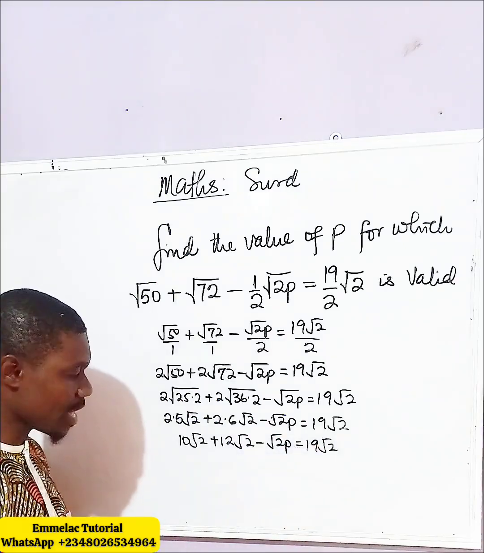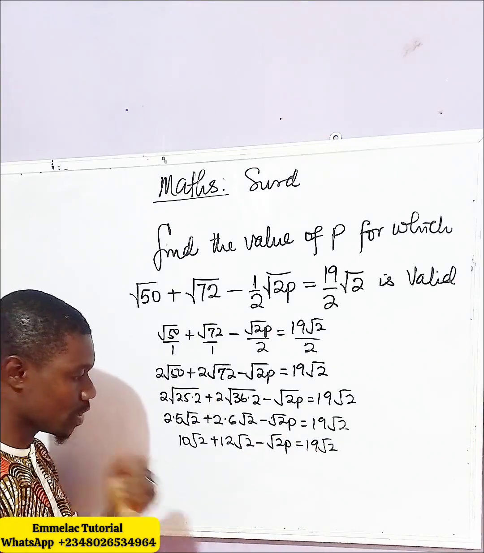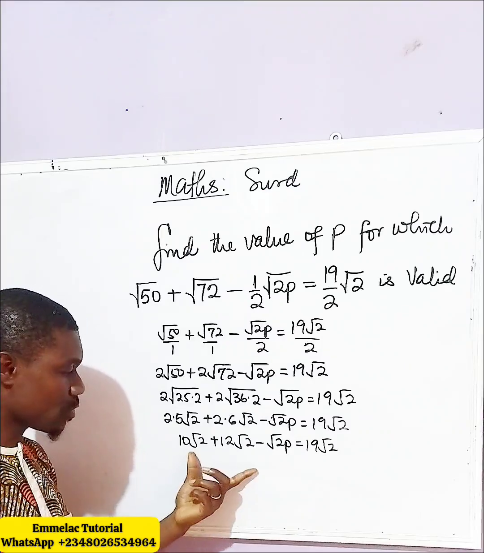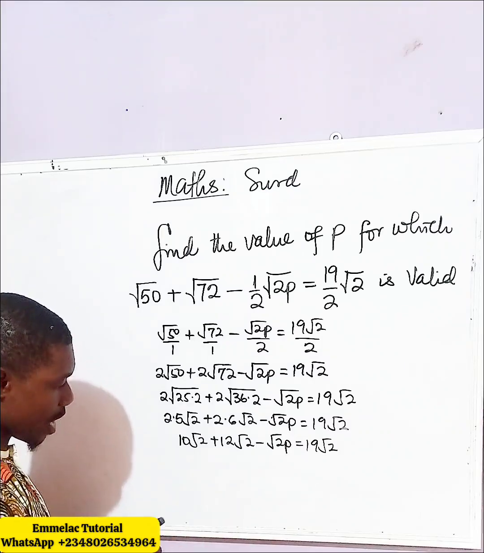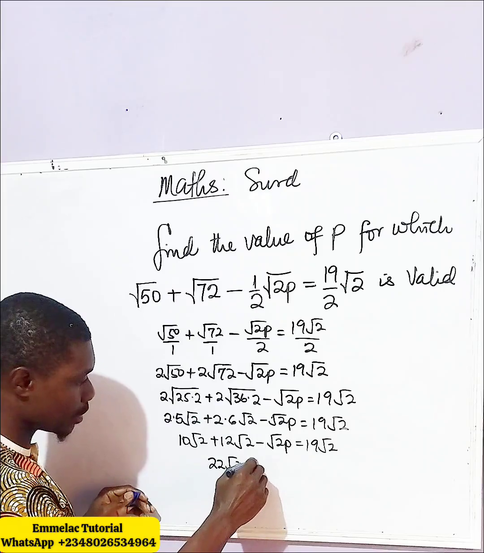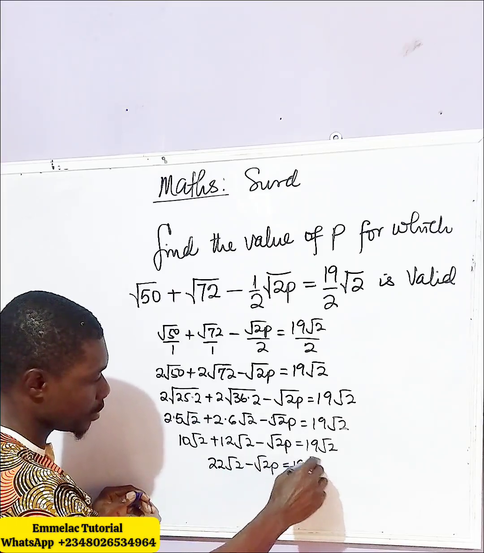Since we have the same term throughout, root 2, we can add according to the law of surds. By adding these two, we have 22 root 2 minus root 2p equals 19 root 2.